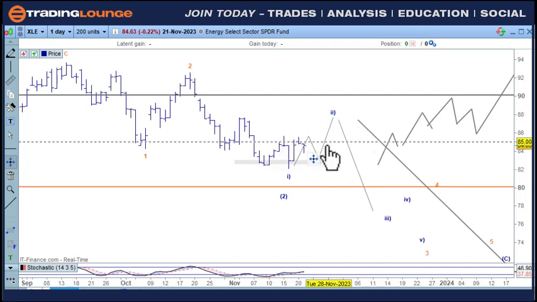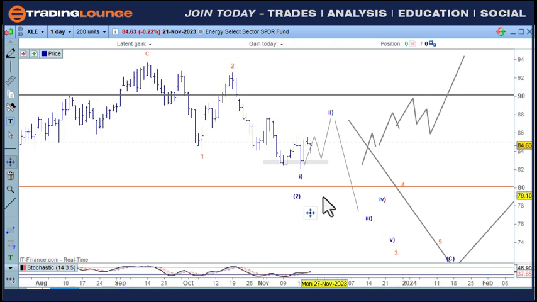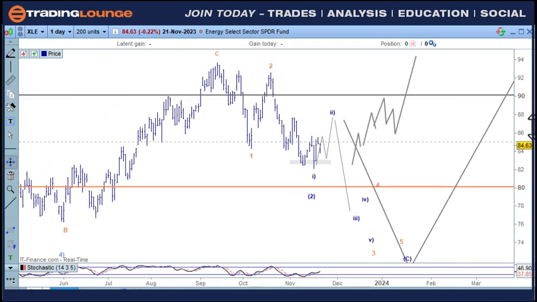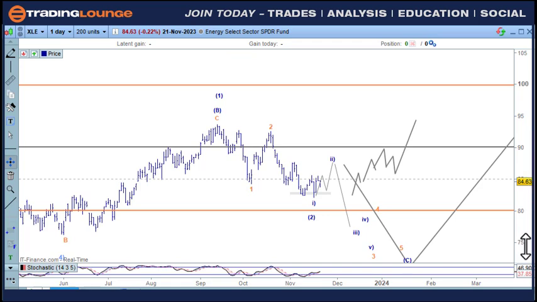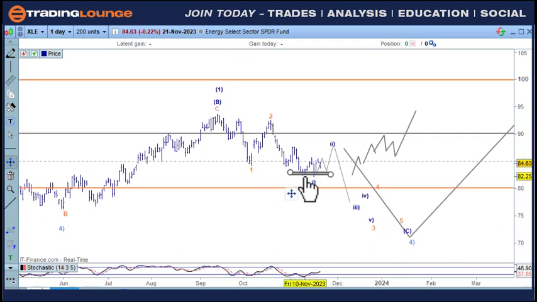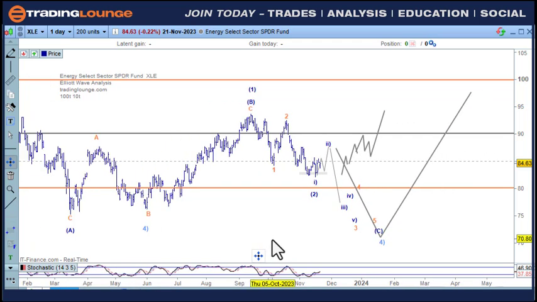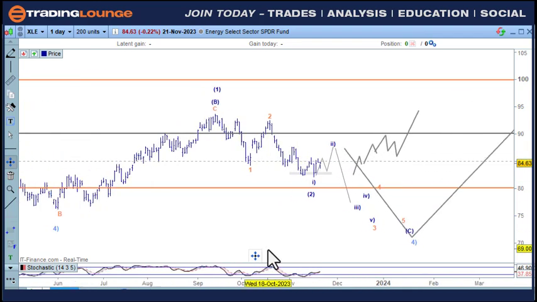So it's going to be a little while before I can work it out here. And as I mentioned yesterday, I need to see a nice impulse wave up there to turn bullish on this. So there's two ways it can play out, and that's the 61.8% retracement level there. So we'd expect it either way to stall at this point. We're not going to know for a week or two, I guess, maybe earlier, who knows.